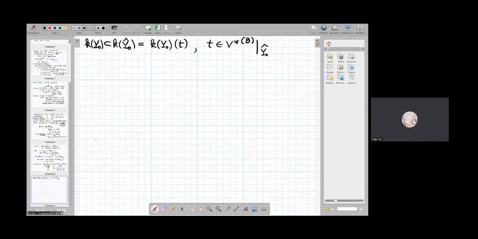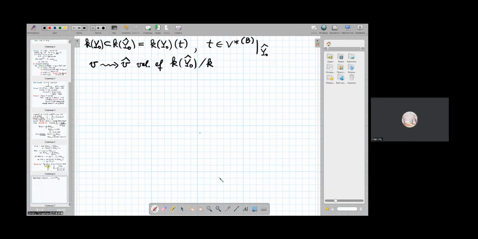Now we may extend the evaluation V on here to the evaluation V hat, evaluation of this bigger function field, K of y naught hat over constants.